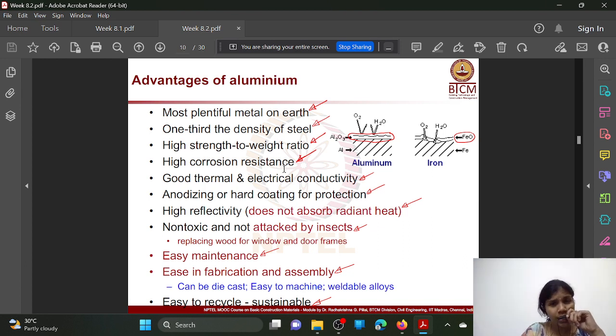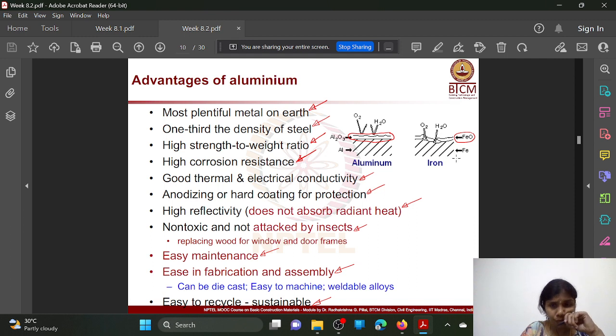high corrosion resistance. Why it has high corrosion resistance is, this is the aluminium and it is covered with aluminium oxide, and this aluminium oxide will not allow oxygen and water to pass through, that's why it has high corrosion resistance.